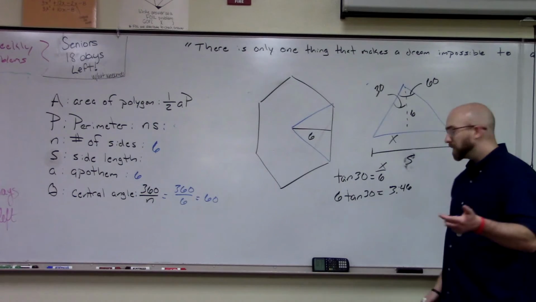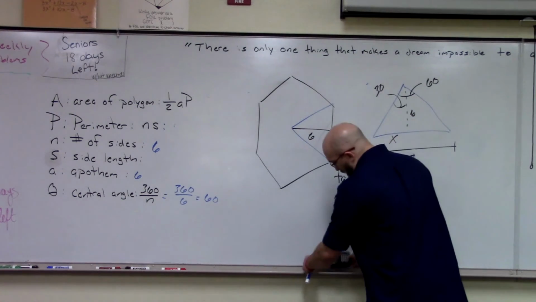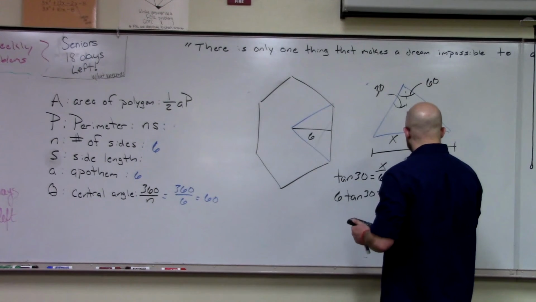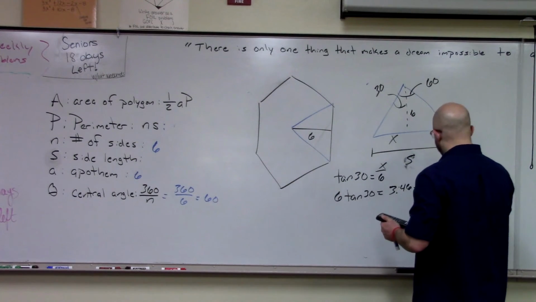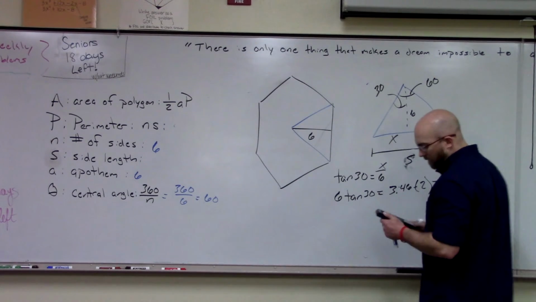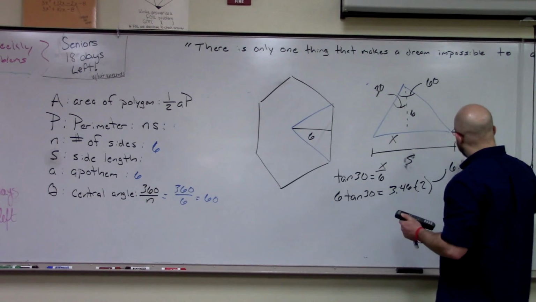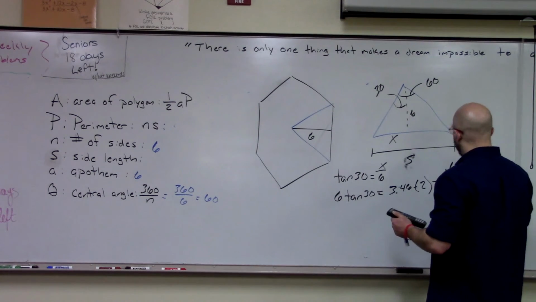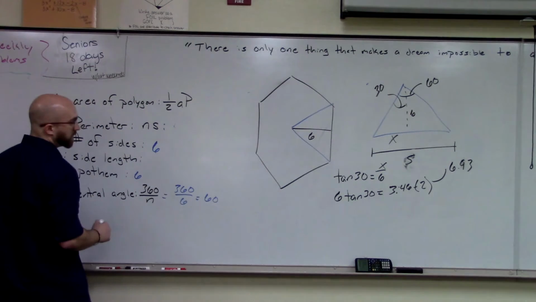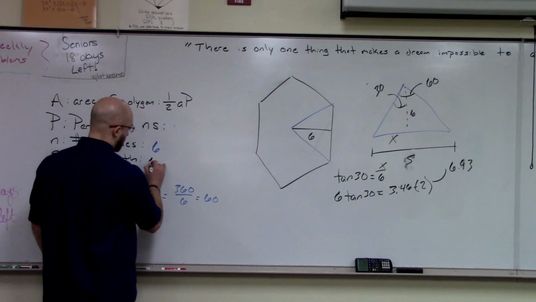Remember though, you need to multiply that by 2 because that's only half our side. So our S equals 6.93. So we come back over to our little chart, put in 6.93 there.